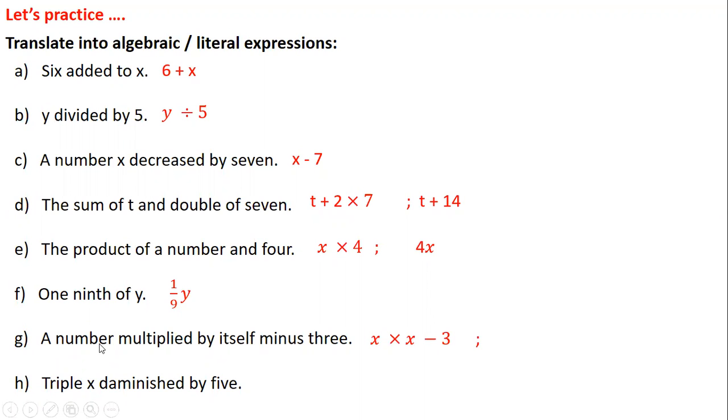It is unknown, so it is a letter. Multiplied by means times. Itself means I multiply it by itself. Then minus 3, so I write minus 3.